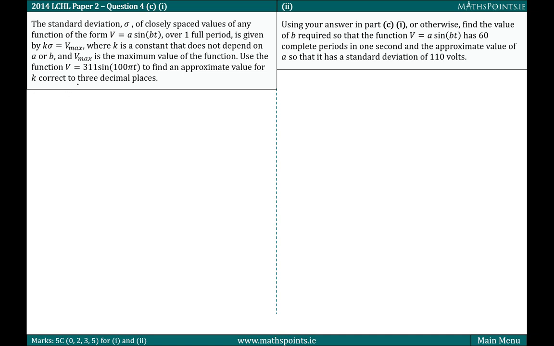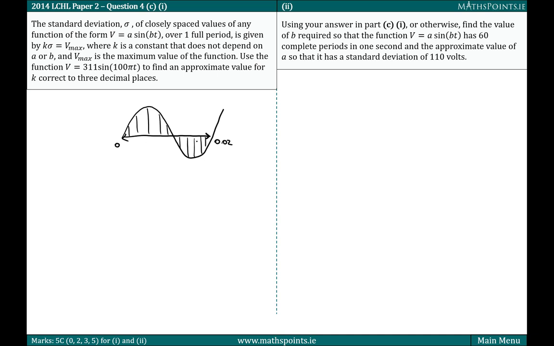What we're told is that the standard deviation of closely spaced values of any function of the form the voltage equals A sine bt. So basically in our question we had very closely spaced values. Our values were, so here's the period here, they went from 0 to 0.02. Now 0.02 is a very small number, and we had very closely spaced values where we found the outputs of the voltage.